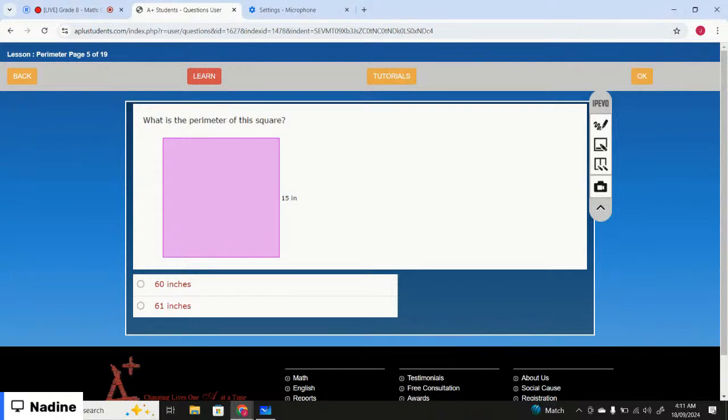Look, what is the perimeter of the square? So which is the correct option? That is a square. A square has all four sides equal in measurement, right? The correct option is 60 inches. Option number 1 is the correct option.